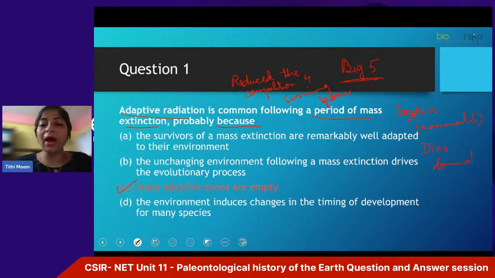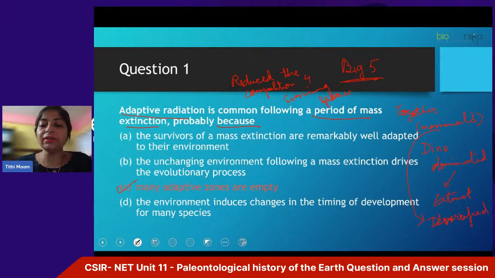Now after the mass extinction in which the dinosaurs went extinct, that is the time that mammals survived, and mammals diversified after this.